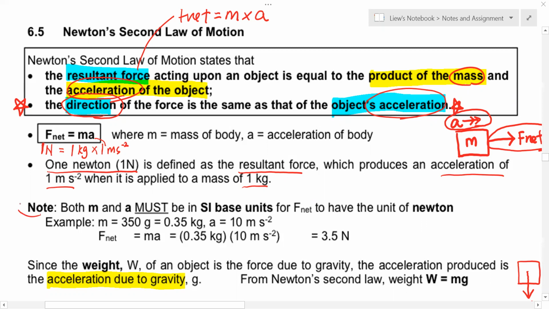Now, when you're solving questions, please take note: always check that you have converted M and A into their respective base SI units, so that when you are doing the calculation, the net force is in Newton.